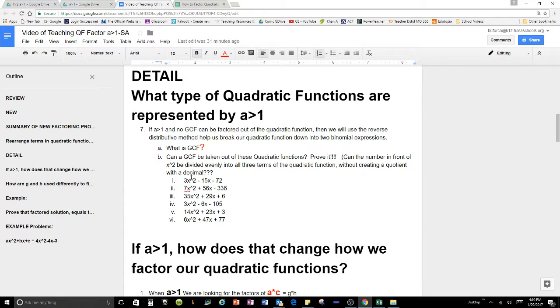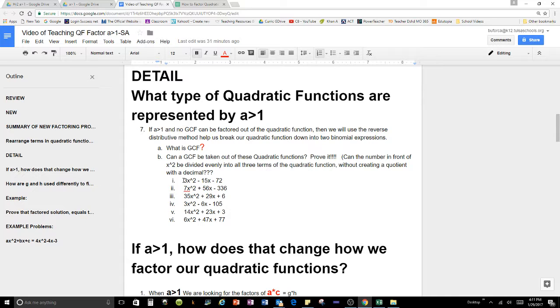Okay, so we have some examples here. Remember, the greatest common factor is a factor that is in front of x squared, and it's a factor such that when you take that number that's in front of x squared, if you can divide it by each of the three terms evenly, then it's a greatest common factor.